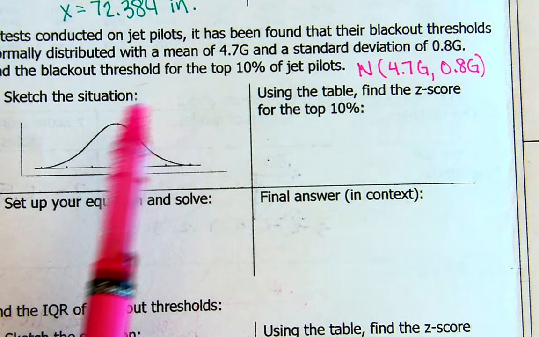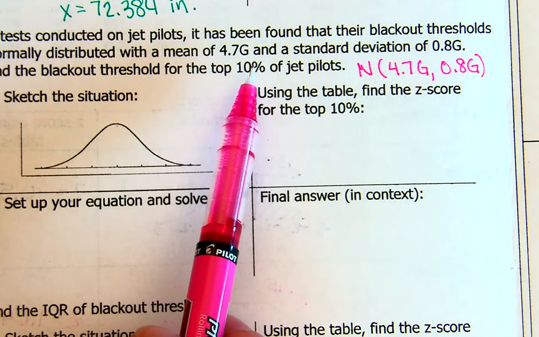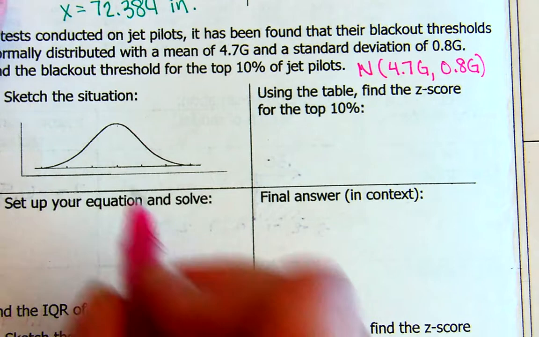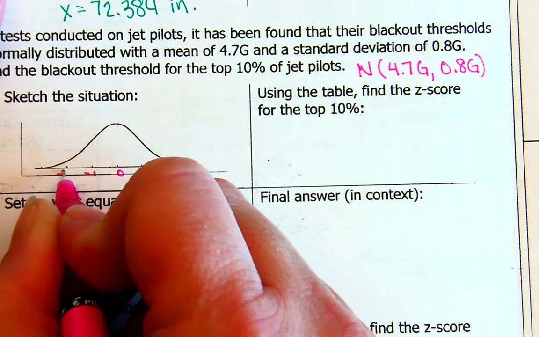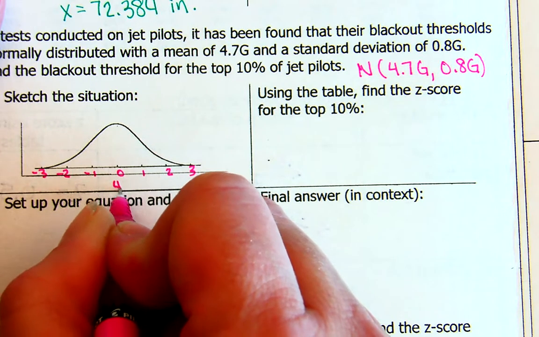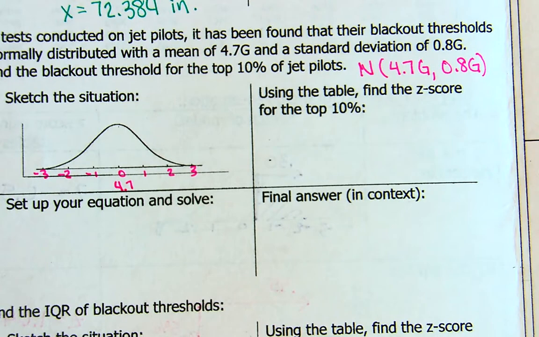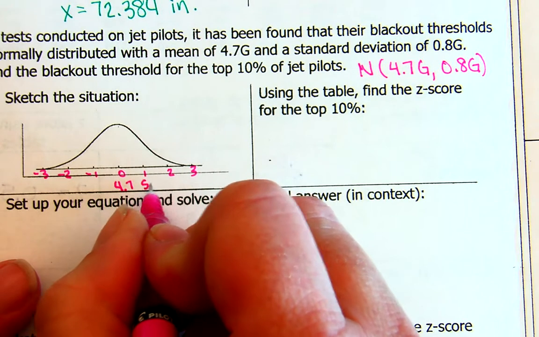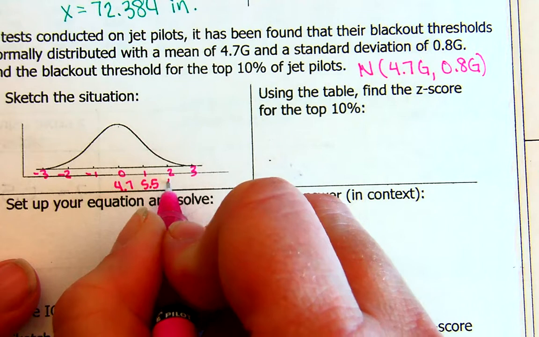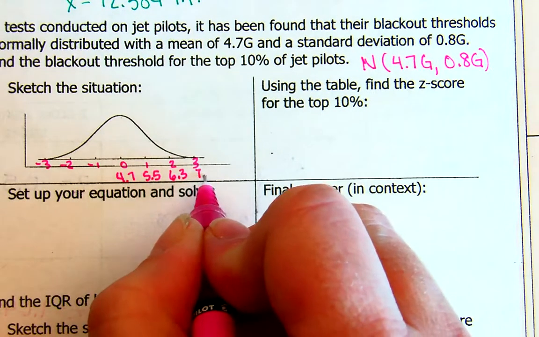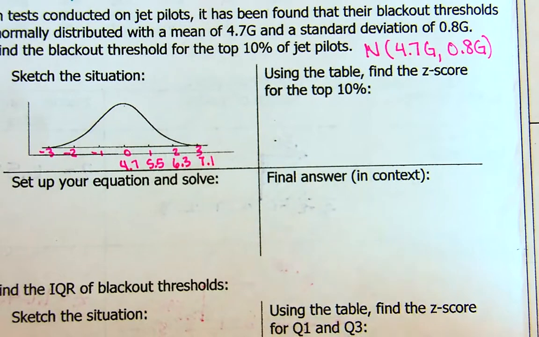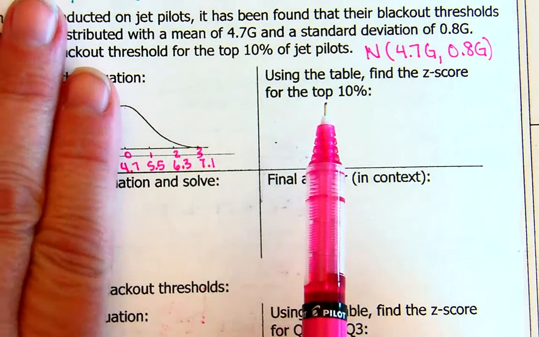So we want the top 10%. So let's say this is 4.7. And so on. Okay, so if we want the top 10%, so this is the top 50%.